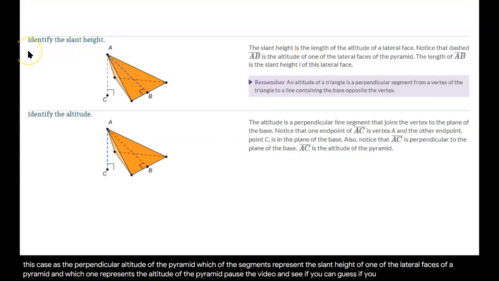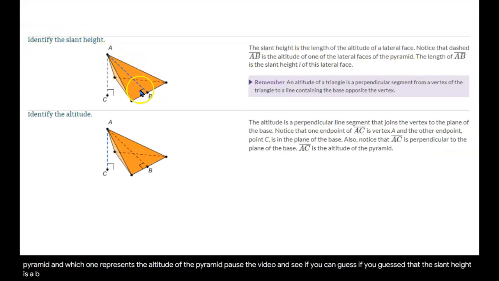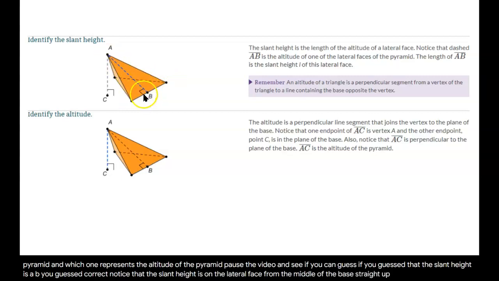If you guessed that the slant height is AB, you guessed correct. Notice that the slant height is on the lateral face from the middle of the base straight up, creating a perpendicular line.